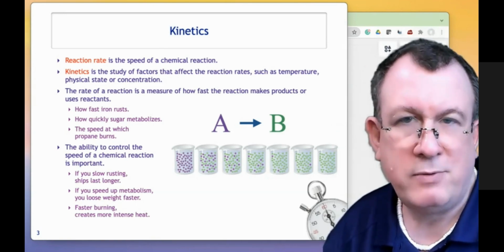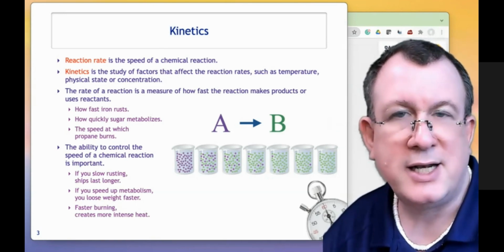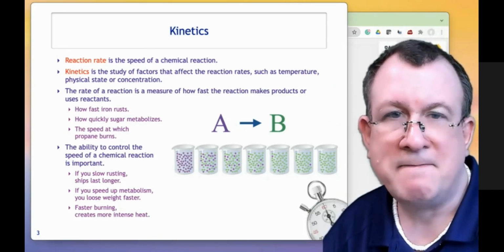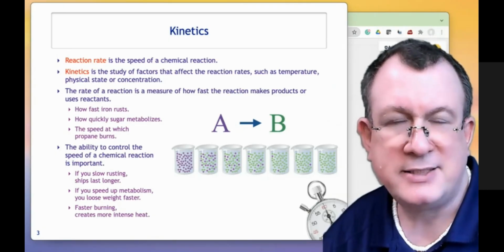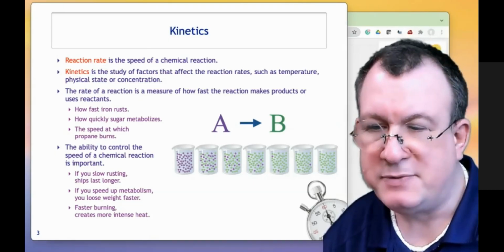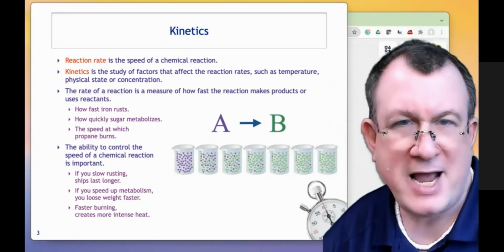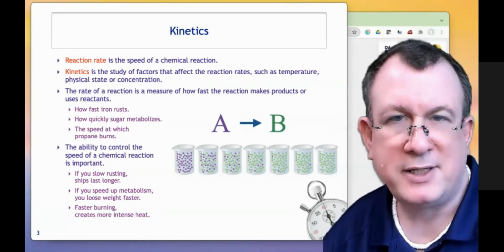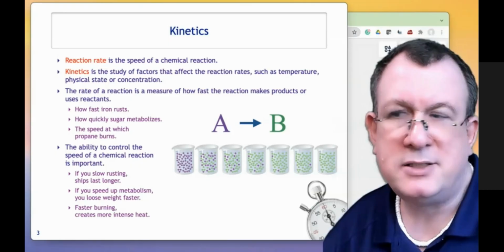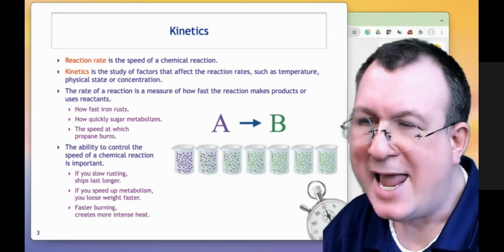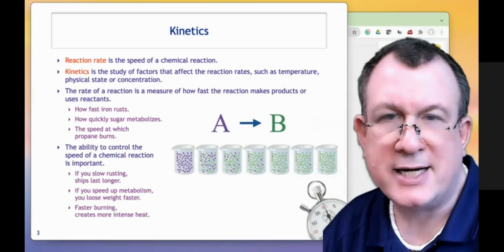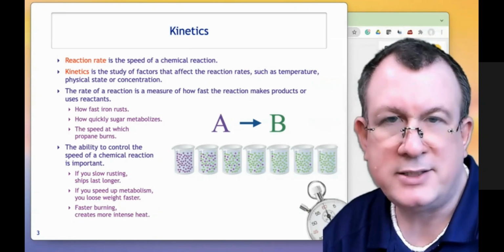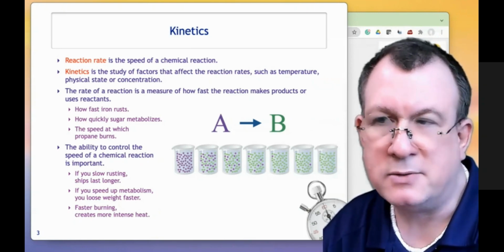Propane and acetylene, you can get energy out in different ways. But how long it takes for that battleship to dissolve, how quickly you can metabolize sugar, how fast you can burn a fuel, all of these things have implications on the reaction beyond just what the products are. This is kinetics, and this is understanding the rates of reaction. This is what we're going to get into.